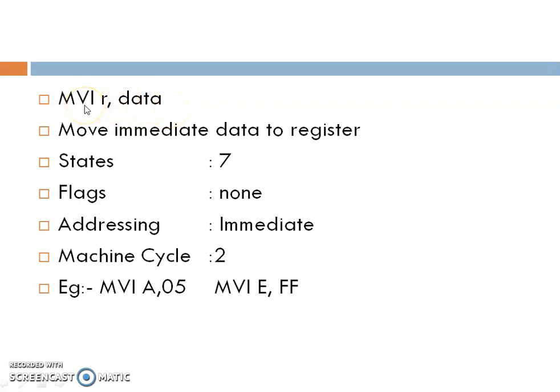This is a 2-byte instruction, opcode and the data, and it requires 2 machine cycles for its completion: opcode fetch and memory read. The data is placed in the memory location next to the memory location where the opcode is stored. Examples: MVI A, 05, MVI E, FF. That is, this instruction loads FF to register E.